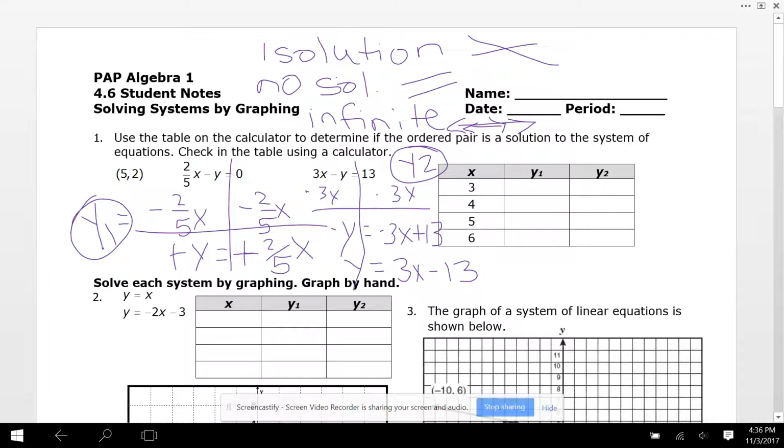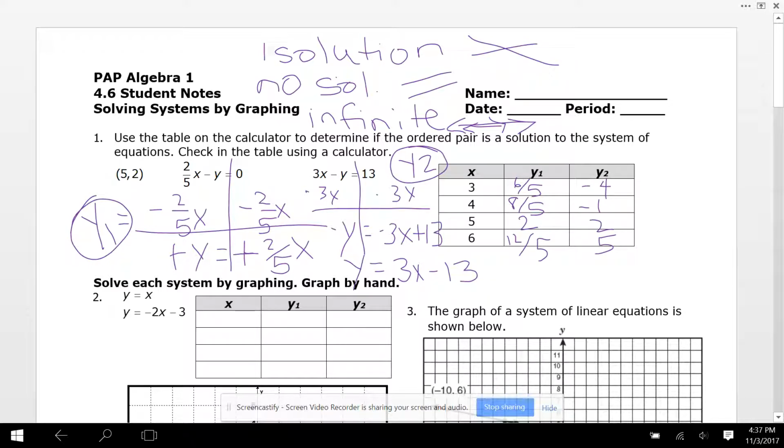So my y values for x equals 3, y equals 6 over 5. 4 is 8 over 5. 5 is 2, which would be 10 over 5. And 6 is 12 over 5. And my other line had negative 4, negative 1, 2, and 5.